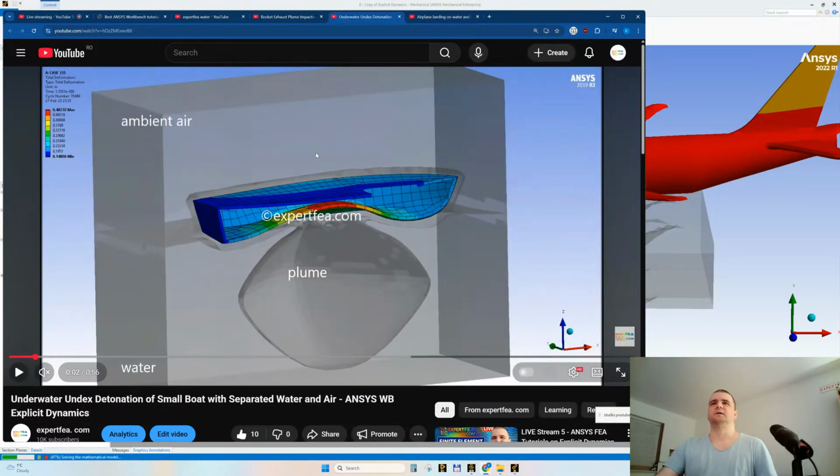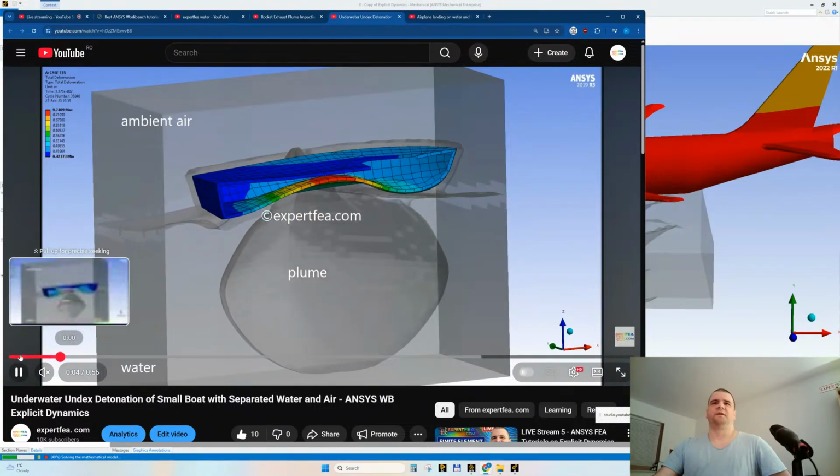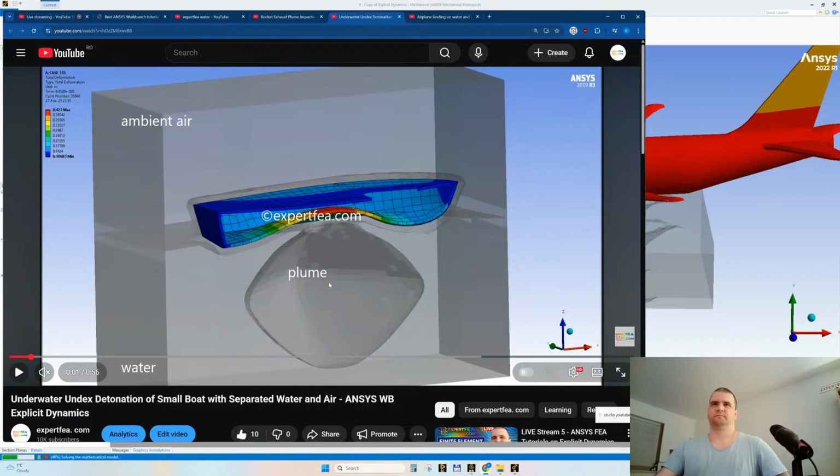So what we have here is an explosive which is detonated in the water, and then it propagates and launches the boat in the air. So we have kind of three phases. Here are the plume, or the exhaust gases from the detonation, from the explosive.